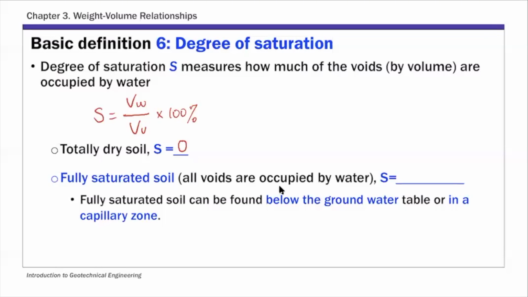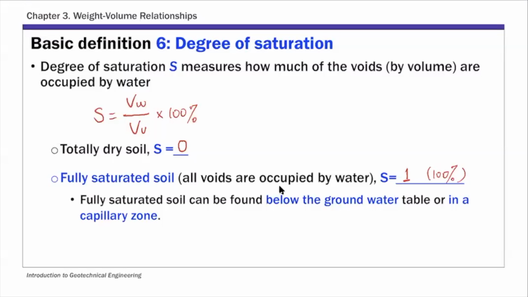So the volume of water over volume of voids is just 1 or 100%. Fully saturated soil, as mentioned here, can be found below the groundwater table or in a capillary zone. So that's where you typically find fully saturated soil.